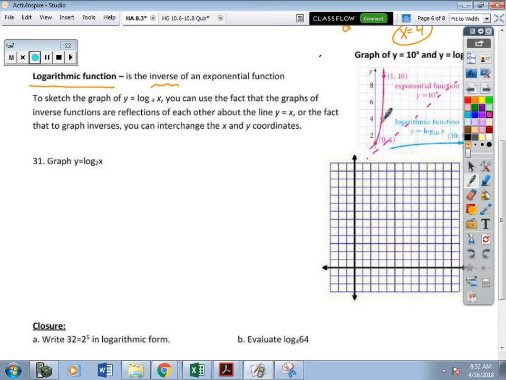So many of you preferred to do a table of values and then just switch them and then plot the others. Remember that the domain of the regular function becomes the range of the inverse, and the range becomes the domain. Now, either way, you're going to have to change this to exponential because you have no idea how to graph that. Okay, so step 1, we will change to exponential.